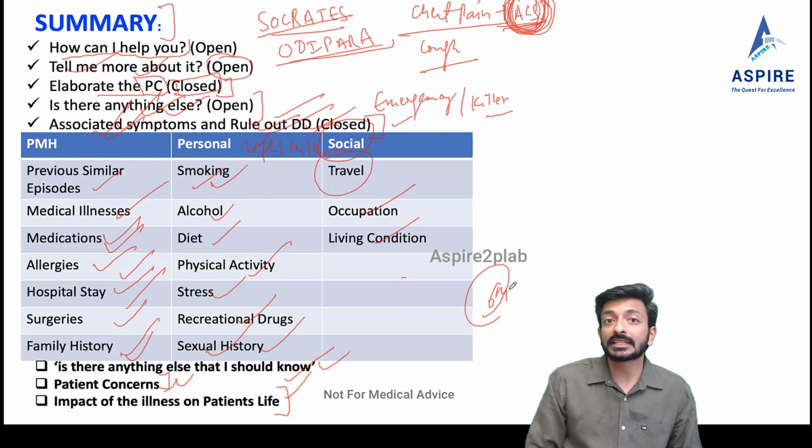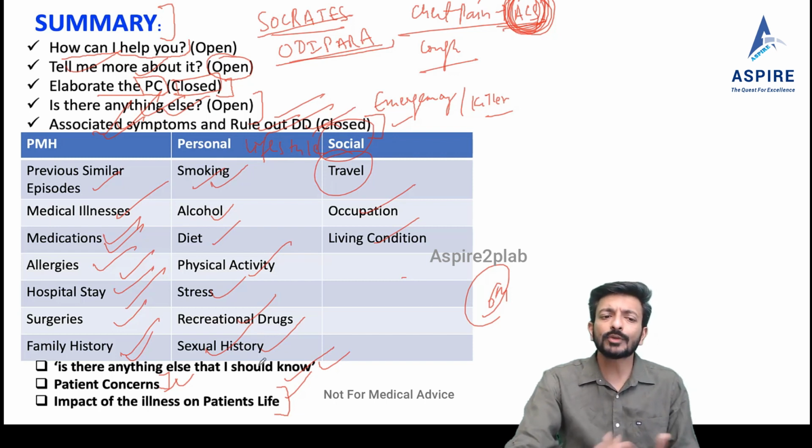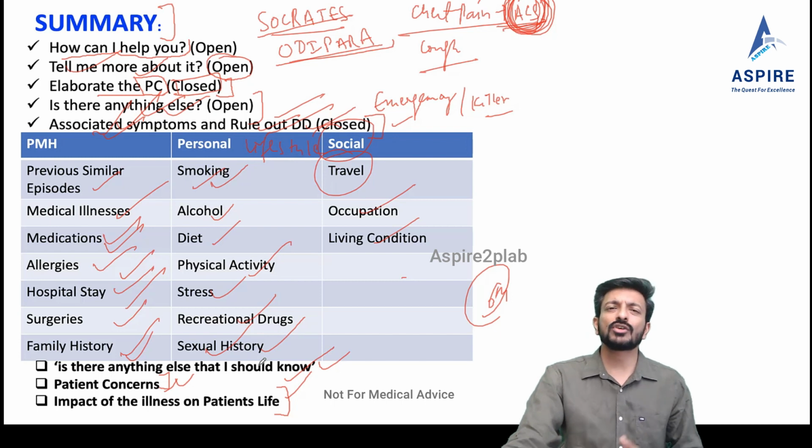Maybe the patient is feeling tired for the last 5-6 months, and now the patient is saying, doctor, I'm really stressed about this because I used to help my children in their homework, I used to help my wife in some household work, but now I'm just feeling tired, I can't do anything, and I just feel very depressed because of this. So if the patient has got any illness, you need to ask how this illness has affected your life, and usually it will be with some chronic problems. It's not with the acute problem.